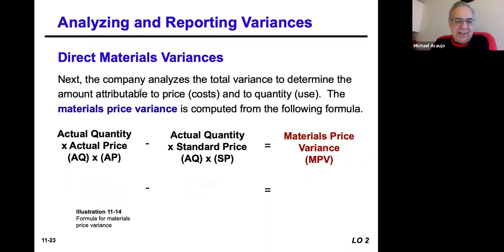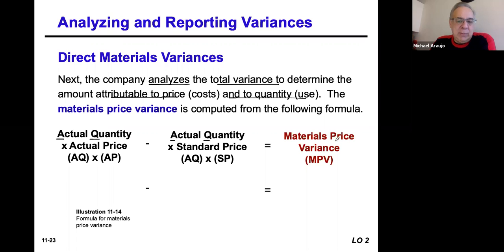Another thing to look at is that the company analyzes the total variance to determine the amount attributable to both the price and the quantity. Remember, we had a standard quantity of 4,000, but we actually used 4,200 pounds. So what if we replace the standard quantity with the actual quantity?